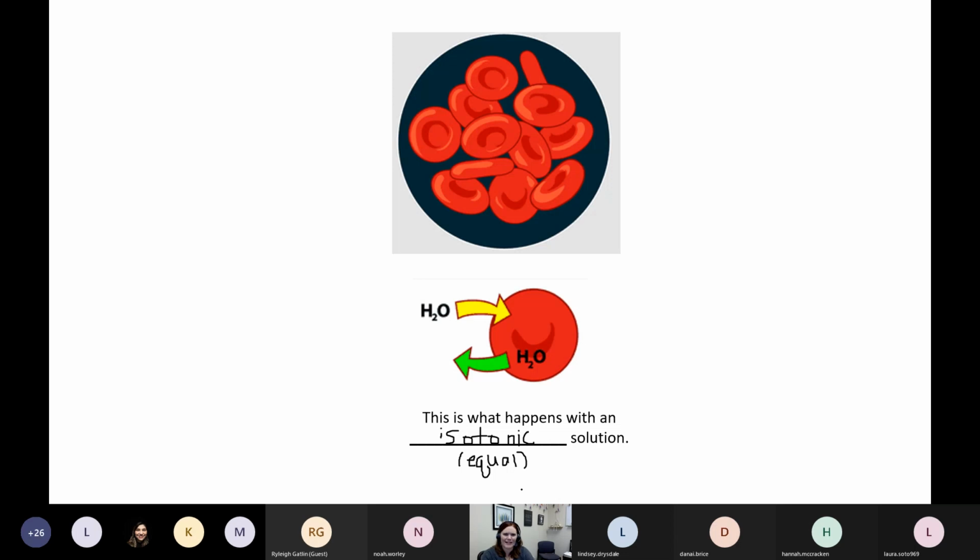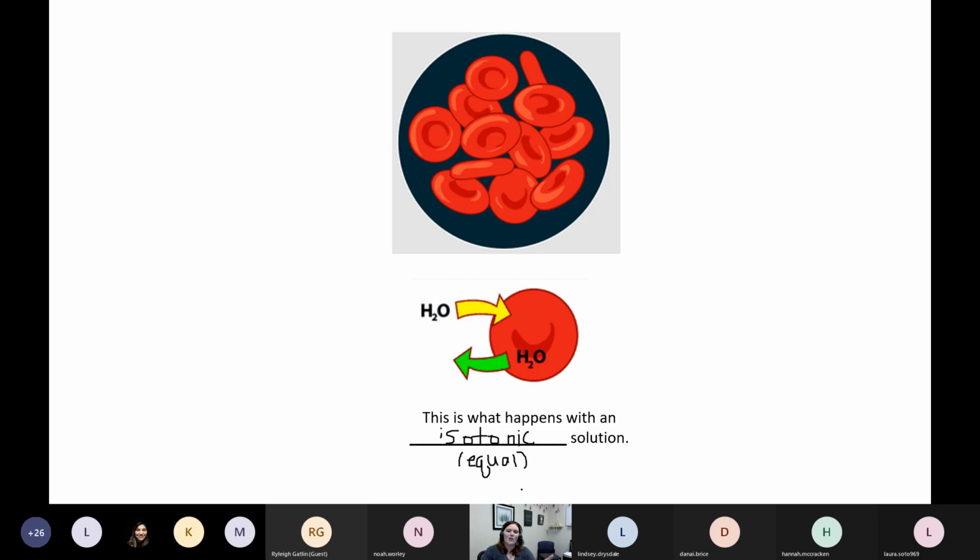Think back to those two kinds of teas. When I let the amount of sugar be equal on the two sides, I don't need to do diffusion anymore. And if the amount of sugar is equal on the two sides, then the amount of water would be equal as well. Water goes in, and when it gets inside, it's like, oh, there's just as much water inside as there is outside, and it goes right back out.